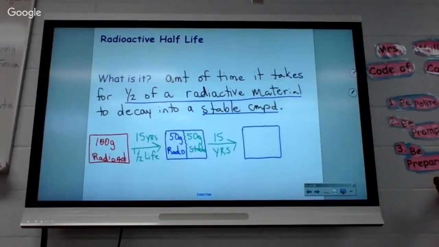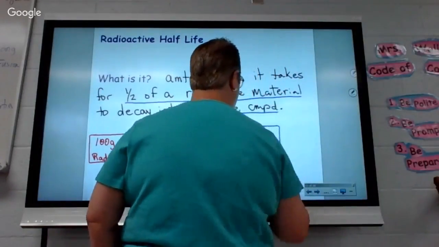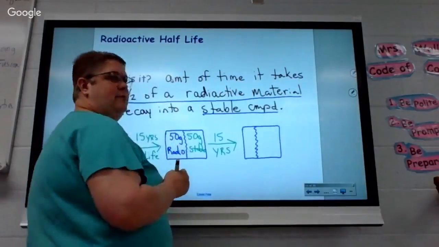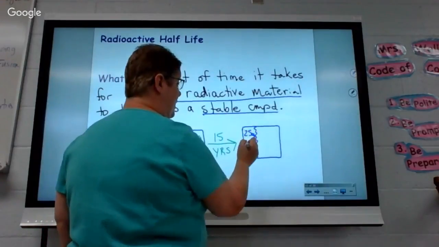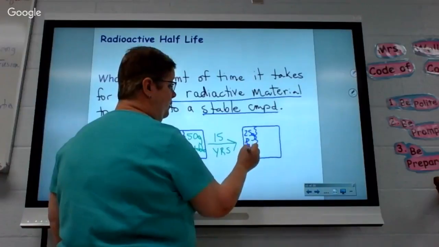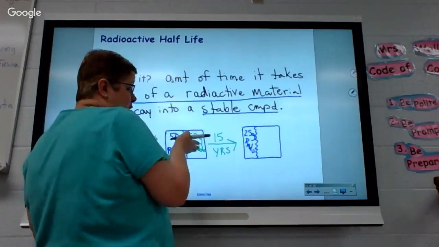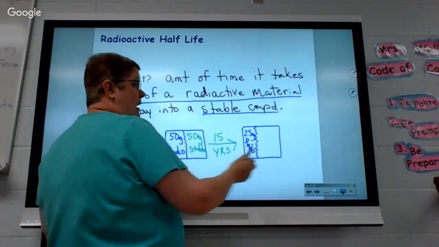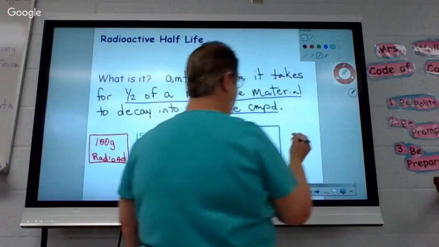So now that 50 becomes what? 25 grams is now radioactive. And so 25 now becomes over here with the 50. And so I now have how much that's stable? 75 grams is now stable.